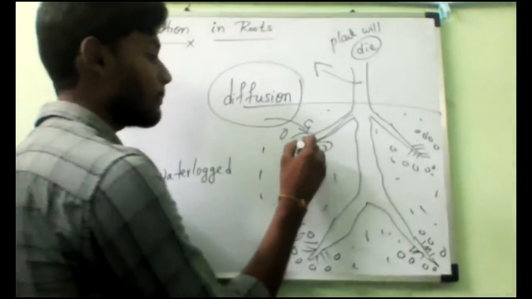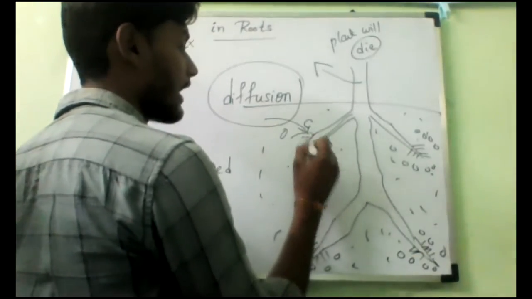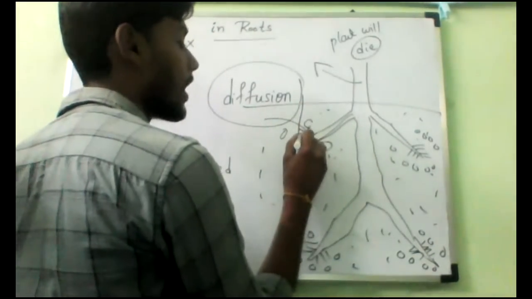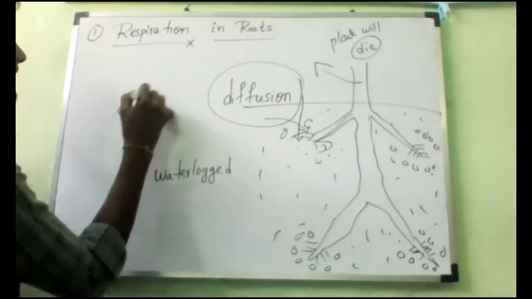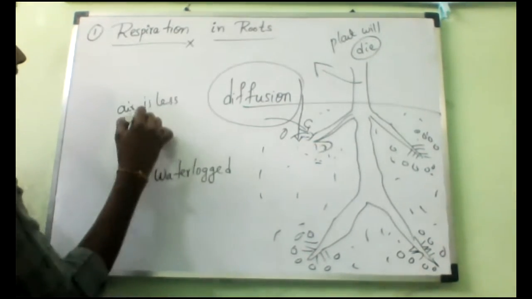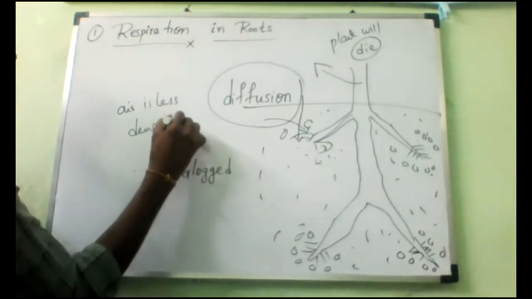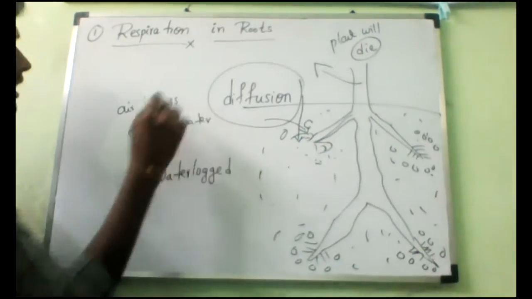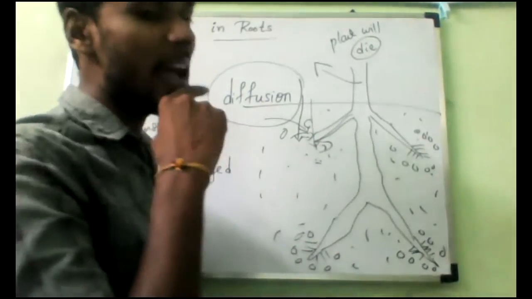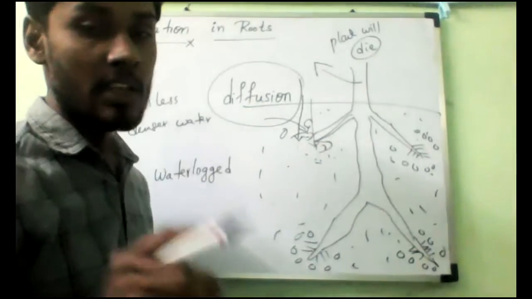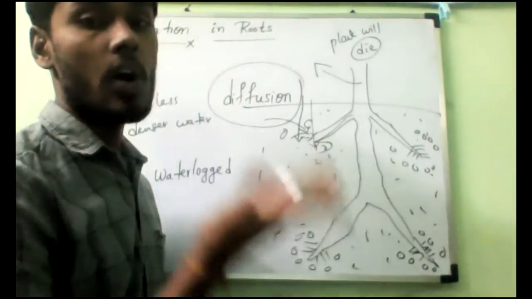Whatever air is present in the soil particles will be filled by water, because air is less dense than water, so slowly the water replaces all the gaps between the soil particles and the air goes away.